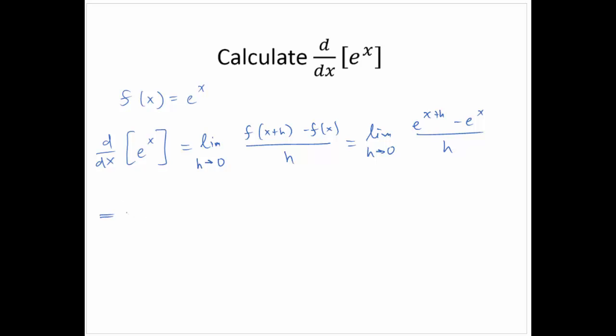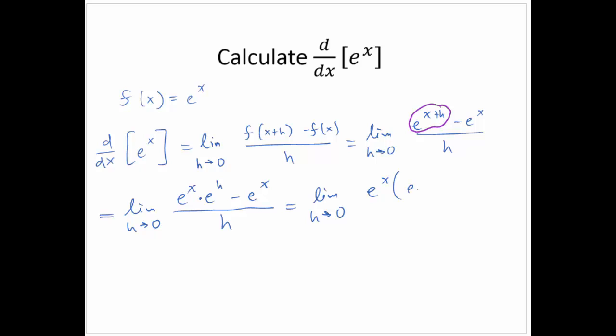All right, continuing. So this would be the limit as h approaches 0. Now this e to the x plus h, I can break apart as e to the x times e to the h, still subtracting e to the x, and still divided by h. Now I'll use a little bit of factoring. I can factor out the e to the x, and I'd have e to the h minus 1 over h.